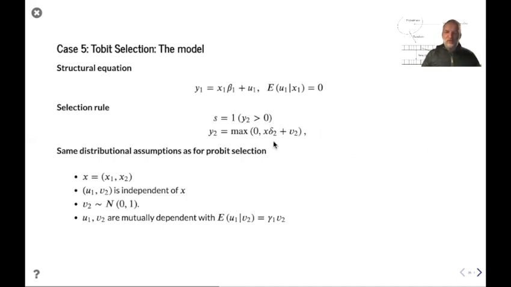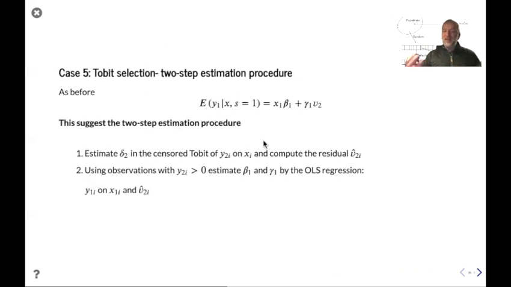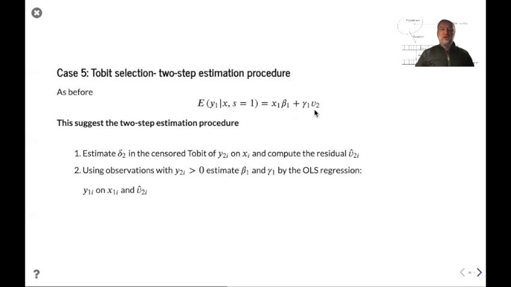Once you've estimated this delta, you can also estimate these residuals, at least for the part of the distribution where y2 is not equal to 0. And that's actually the part of the distribution that we need, because when we're estimating the second step, we're only working with the selected sample.